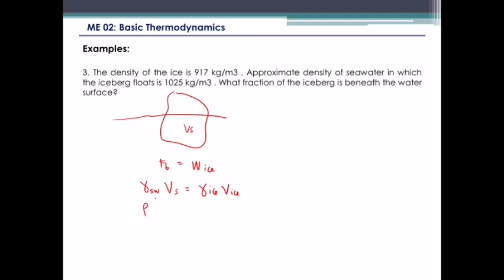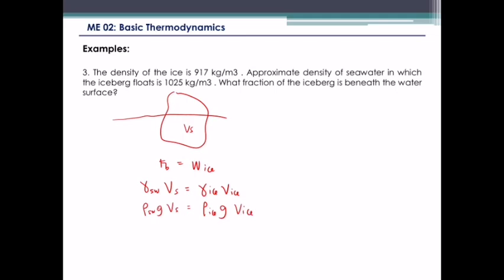Rho of seawater times volume submerged is equal to, how about gamma of ice? This is now density of ice, g, V of ice.